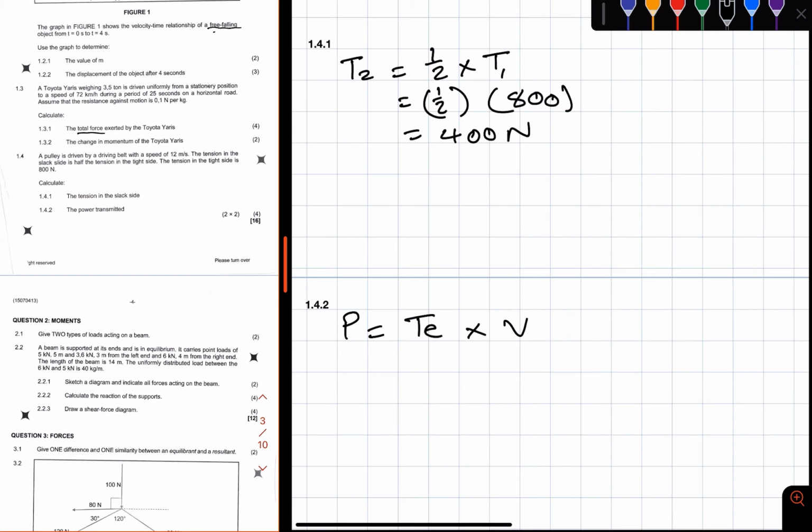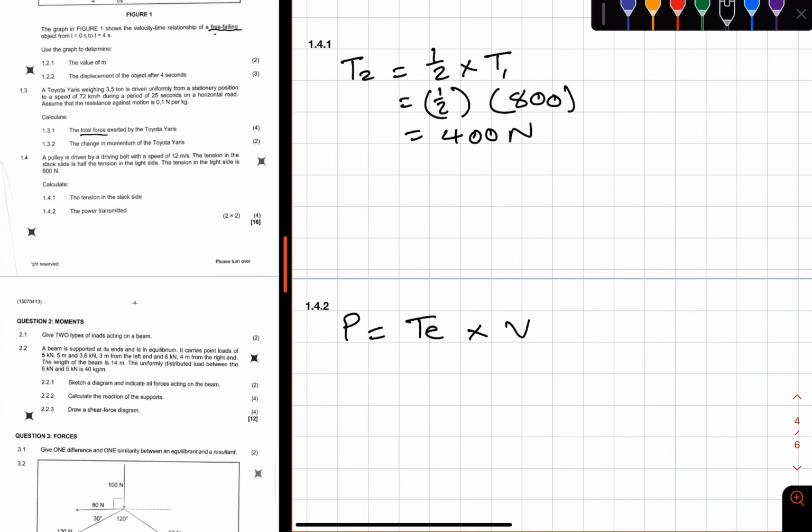What we do not have yet is the effective tension, but we know the effective tension is equal to T1 minus T2, times V. We have both T1 and T2 now.